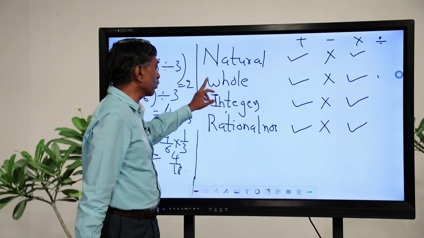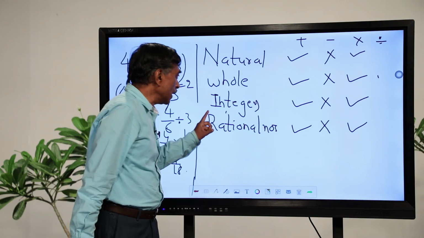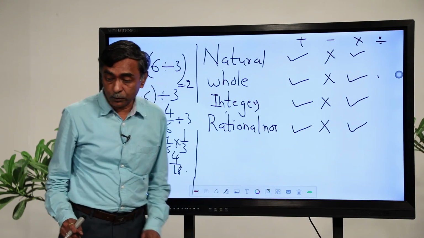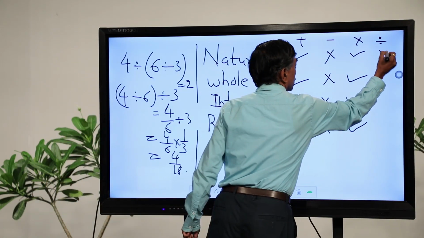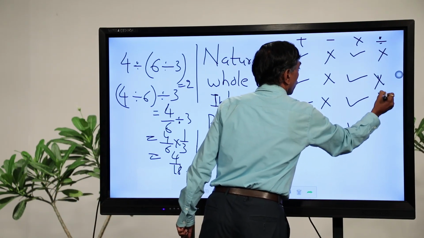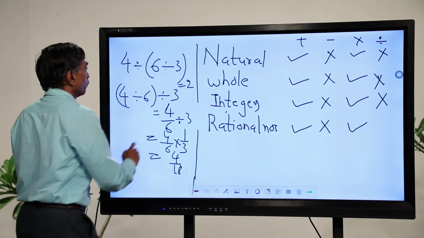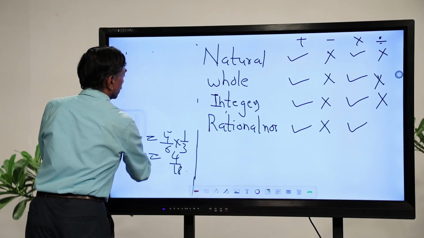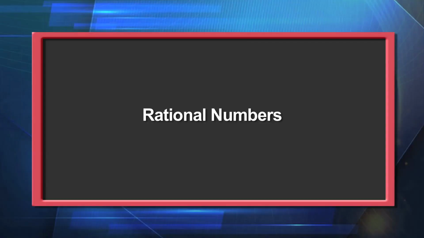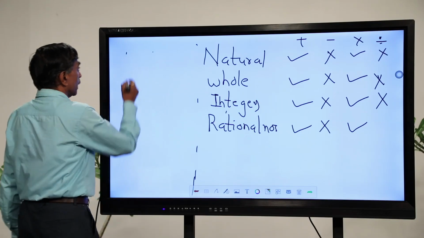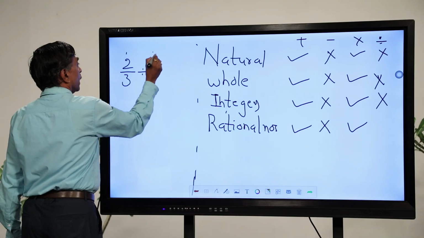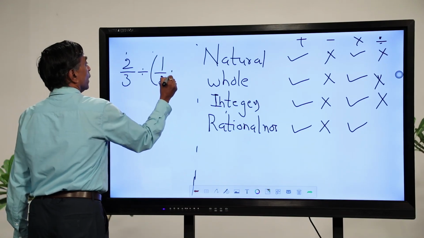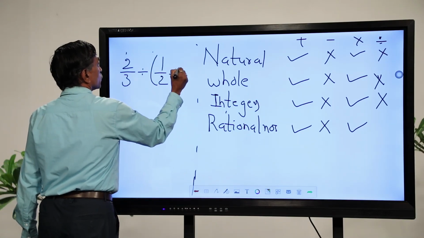Similar thing will happen for whole numbers, integers and rational numbers as well. Let us check it for rational numbers, but let us mark it here first, that they are not associative under the operation of division. What will happen under the case of rational numbers? Rational numbers are closed under the operation of division, non-zero rational numbers, and I am taking non-zero rational numbers here. 2 by 3 divided by 1 by 2 divided by say minus 2.